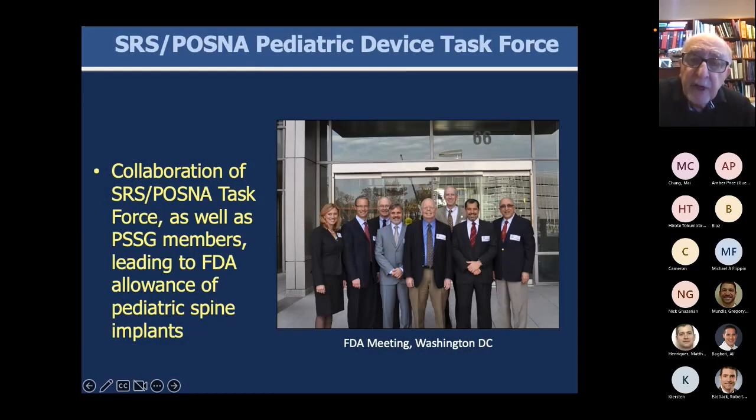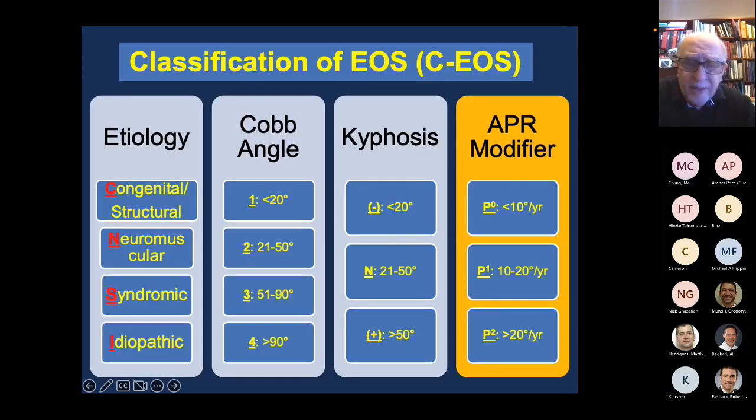Advocacy has been really helpful, training the FDA on devices for pediatric use, and that has helped the approval of the devices at the national level. Classification has been helpful, but it's not an ideal classification.